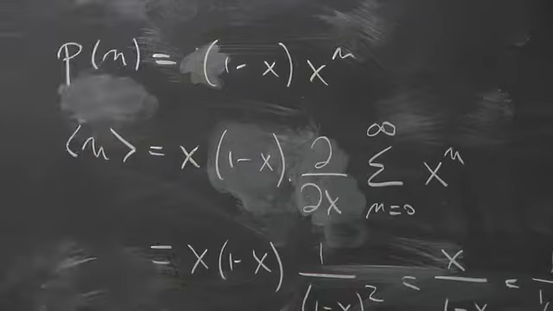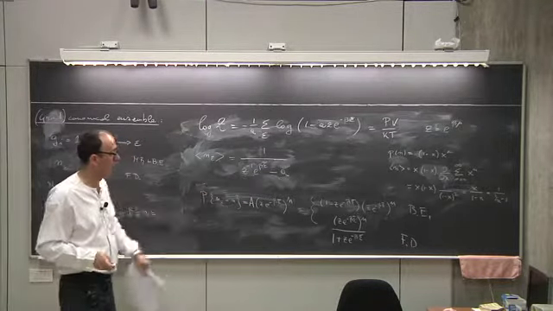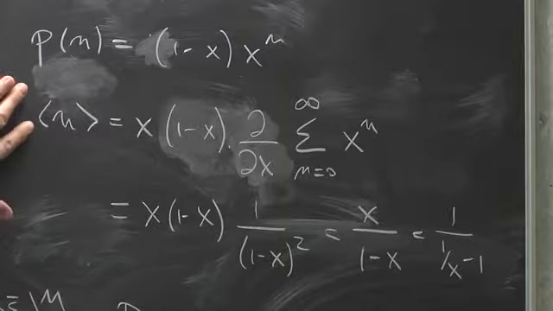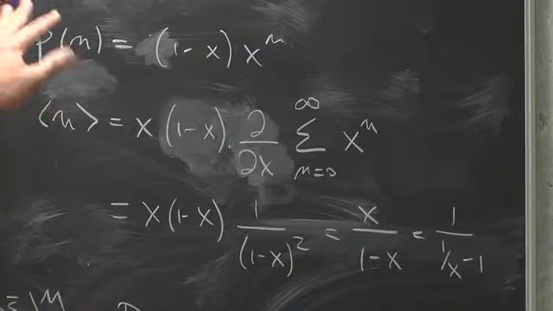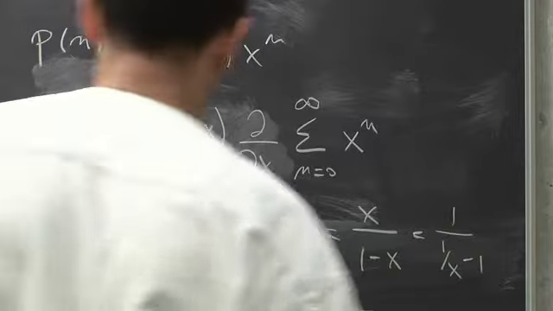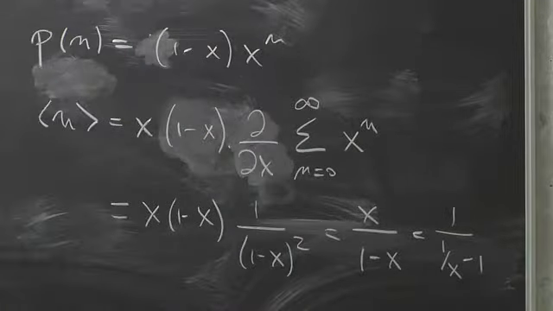And with x equal to z e to the minus beta epsilon, you get exactly this. So this is the usual trick that we have used already several times. Very good. So now we can discuss what quantum effects are.